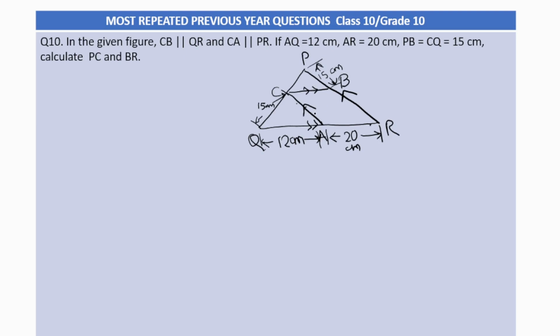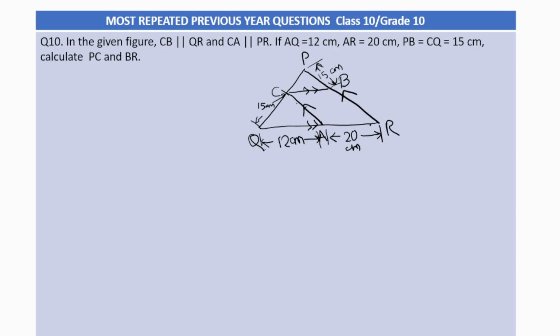So these two are parallel, which means we can use the BPT theorem here to calculate PC and BR. These are the given values: AQ is equal to 12 centimeter, AR is 20 centimeter, PB is equal to CQ equal to 15 centimeter. How can we use the BPT theorem?